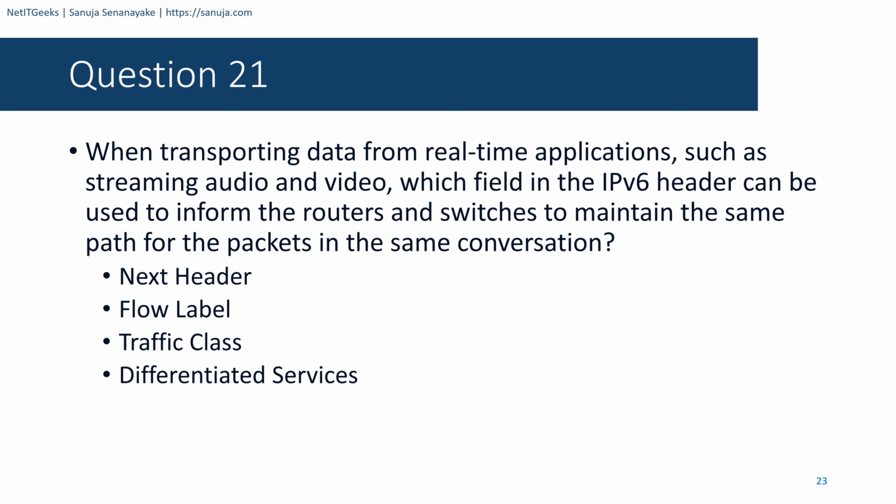When transporting data from real-time applications, where it is critical that we keep the same path for the packets, how do you do that? Next header, flow label, traffic class, or differentiated services. Again, I will give you a couple of seconds to think about this.